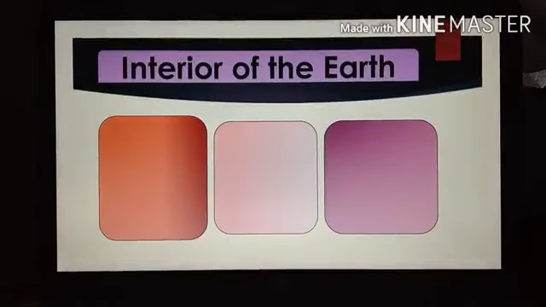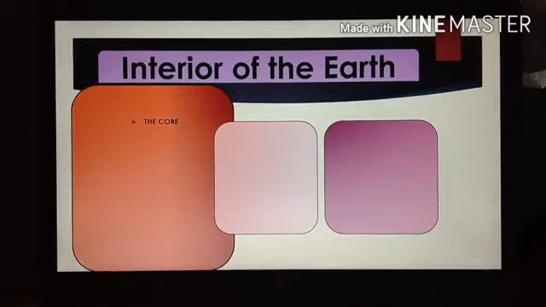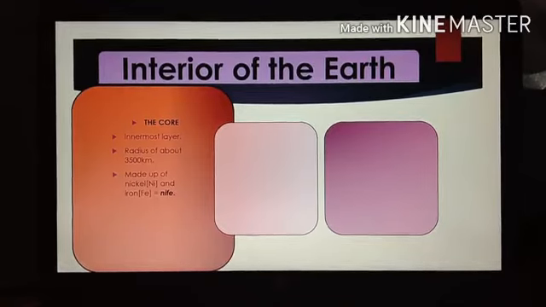Now, as we have to go through each of these layers, the first layer that we are going to study is the core. The core is the innermost layer of the earth and its radius is about 3,500 kilometers. The whole earth radius is approximately 6,000 kilometers, and this core alone has a radius of 3,500 kilometers.